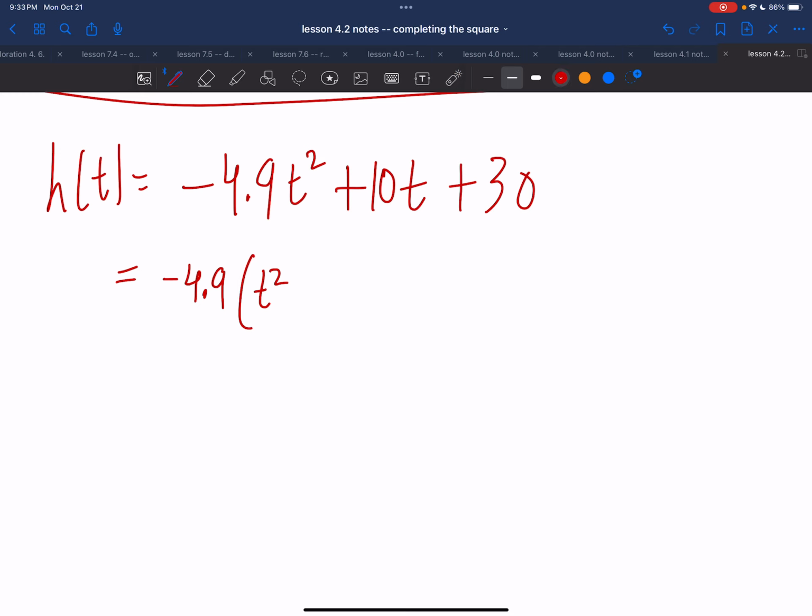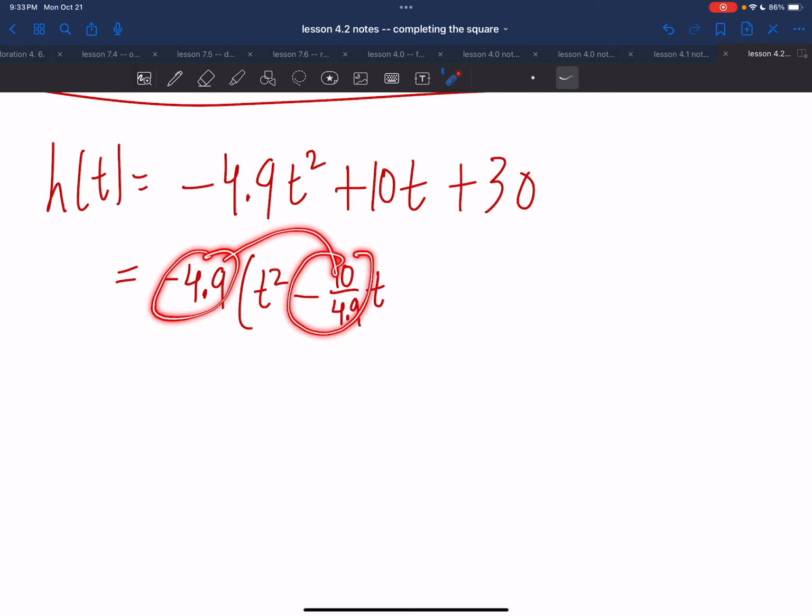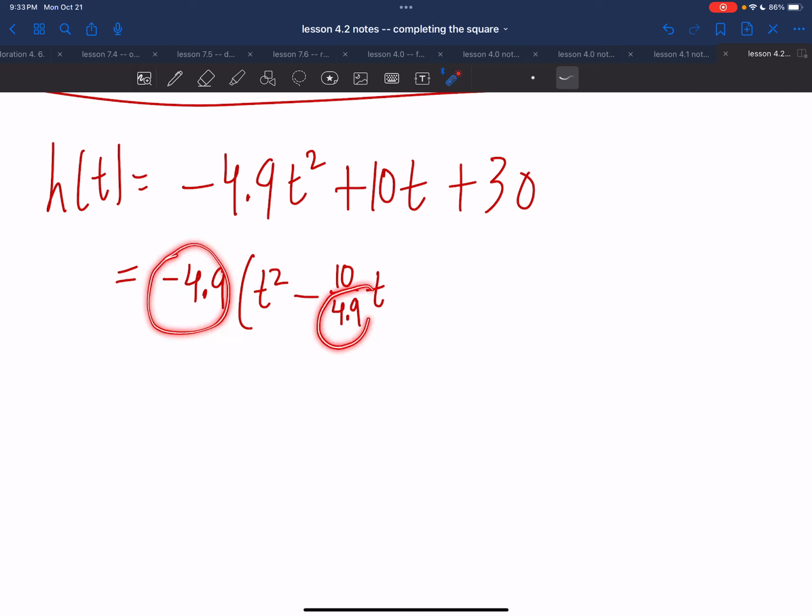A negative times a negative makes a positive, so that's a minus, and then I put 10 over 4.9 here. Bear with me. 4.9 times this, the 4.9s cancel and you end up with 10. The negative becomes positive, but the 4.9 over 4.9 cancels, and so we're done with that.